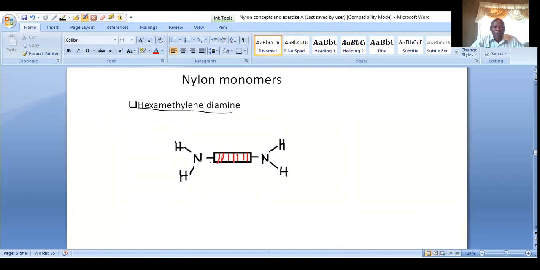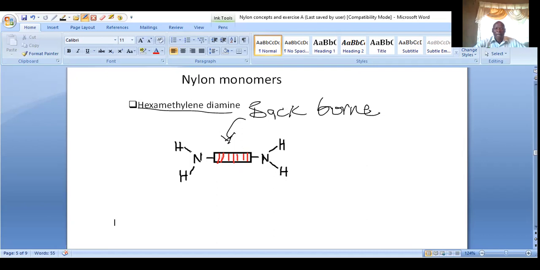Diamine because on either side of the backbone, this is the backbone, associated with other intermediate compounds.